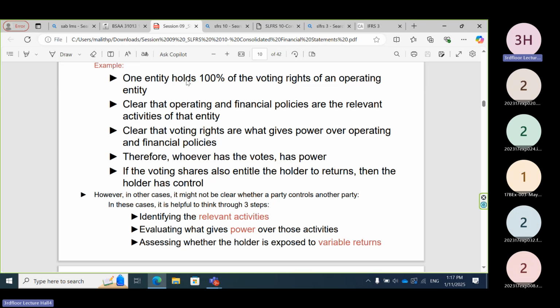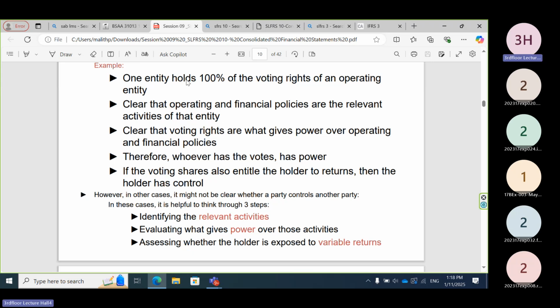Where is the word control? From the website, there is one definition given. The standard says that either a resource we have as a result of a past event, and we are controlling the future benefit.